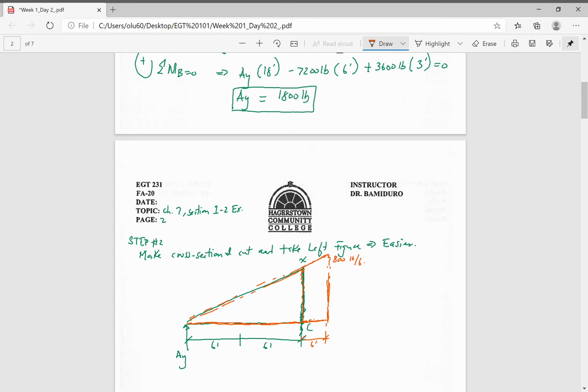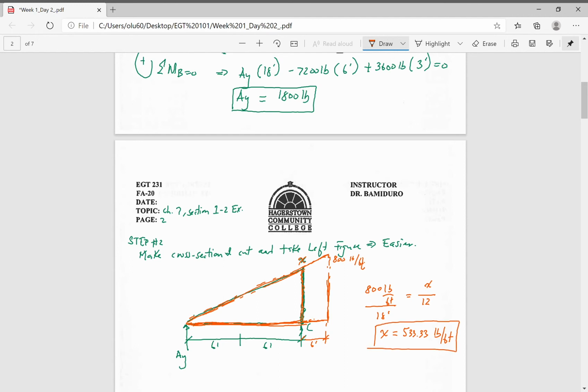So the larger triangle is 800 pounds per foot divided over a span of 18 feet, equals x, the height we want to find, over 12 for this triangle, since 6 and 6 is 12. When you solve for x, you're going to get 533.33 pounds per foot.